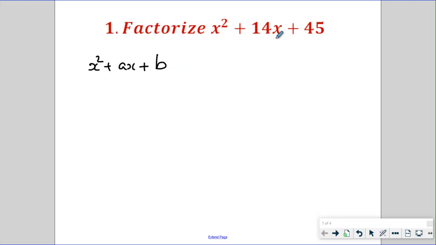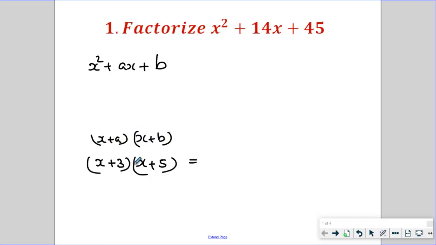So for this type of polynomial we are using another identity. During the multiplication time we studied about x plus 3 into x plus 5, that is a polynomial in the form of x plus a into x plus b. That can be solved by using the identity x square plus (a plus b) into x plus ab.